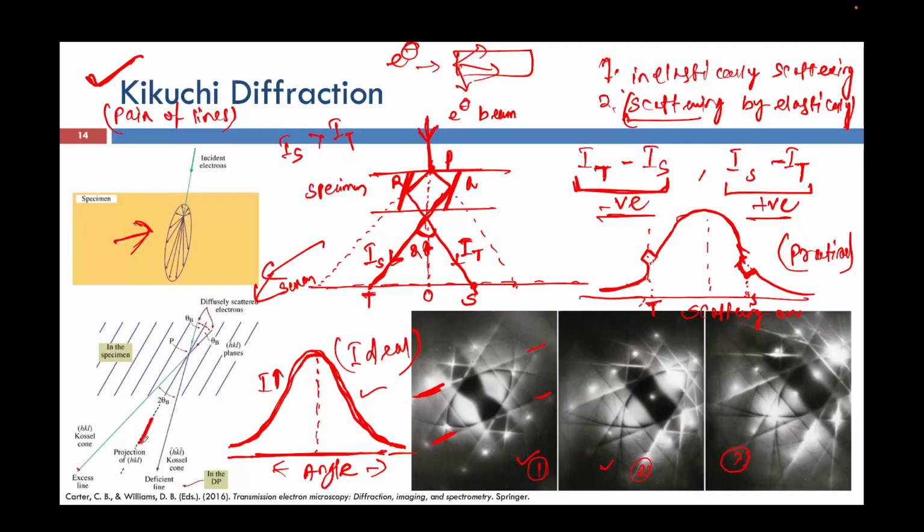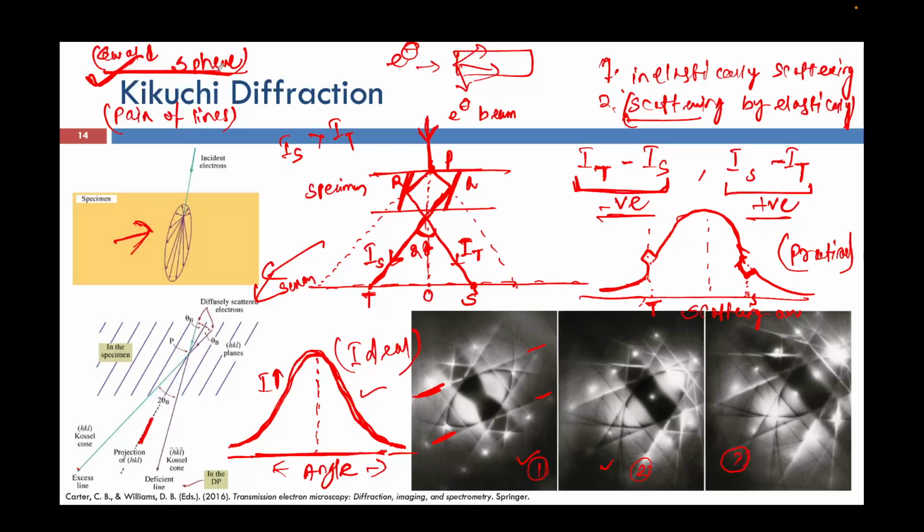When those cones intersect another sphere, another terminology that I am using, that sphere is called the Ewald sphere. We will study this concept exclusively in X-ray diffraction. Only when these cones intersect this Ewald sphere will these two line-like features appear.